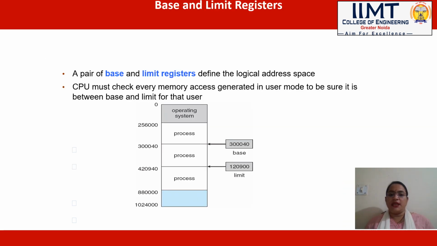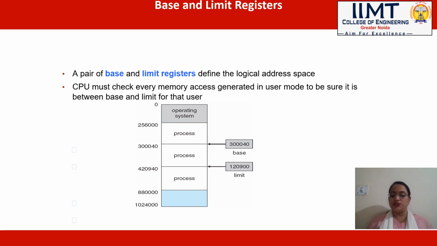Now I would like to explain the base and limit registers. Base and limit registers are hardware registers used in computer systems to enable memory protection and provide a virtual address space for programs. The use of base and limit registers is a simple and effective way to provide memory protection and prevent programs from accessing unauthorized memory.